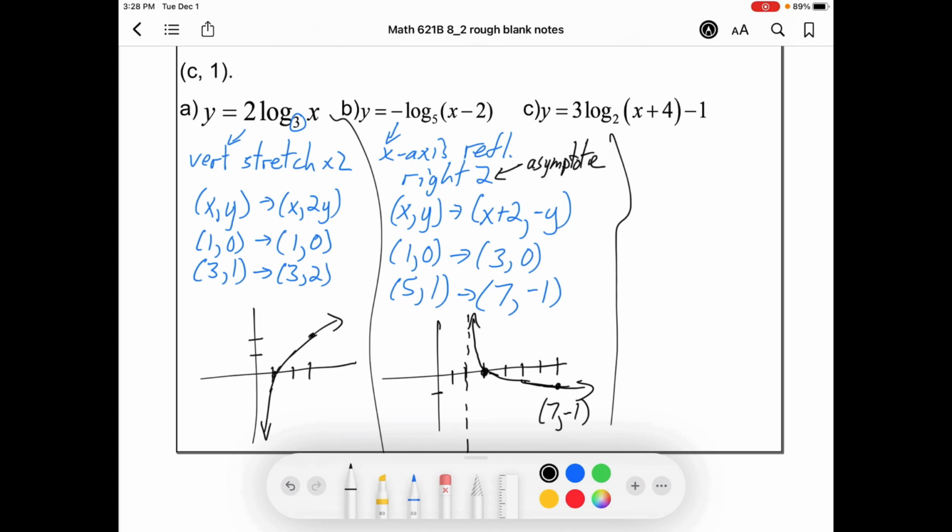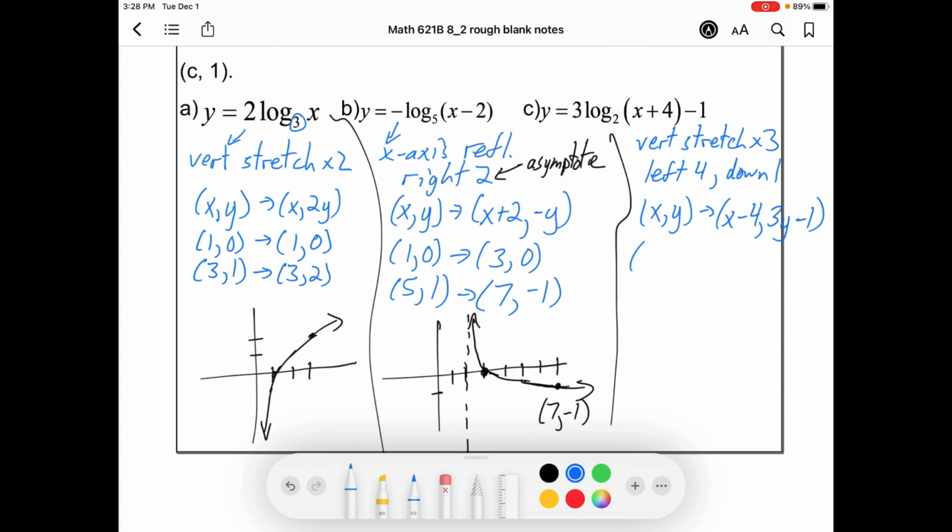One last one. In this one, we have a vertical stretch by a factor of 3. We are going left 4, and we're going down 1. So as a map, that's going to give us left 4, all right, that's x minus 4. Vertical stretch by a factor of 3 is 3y, and down 1 is minus 1.